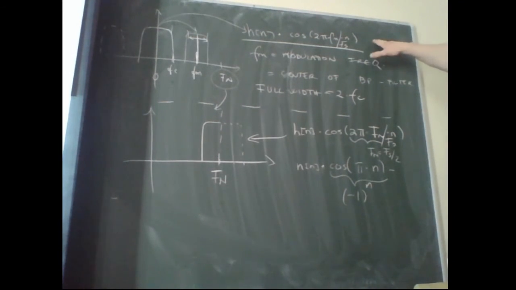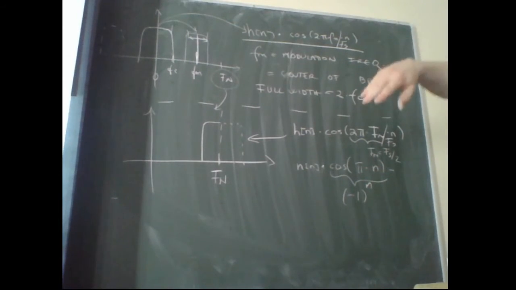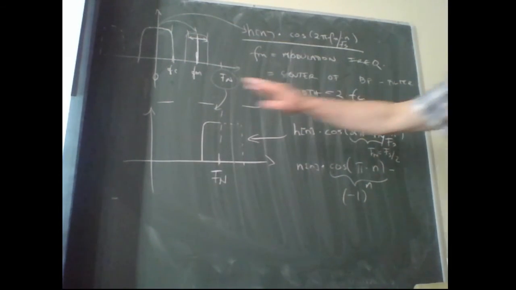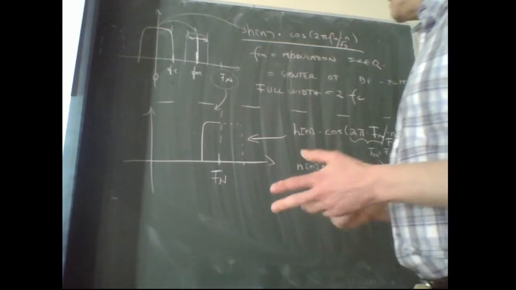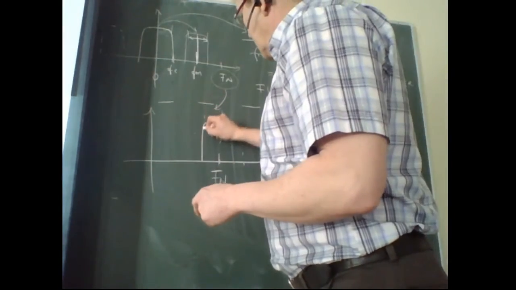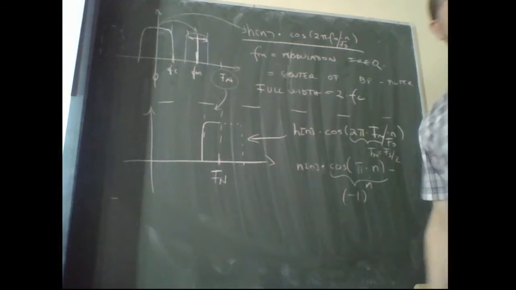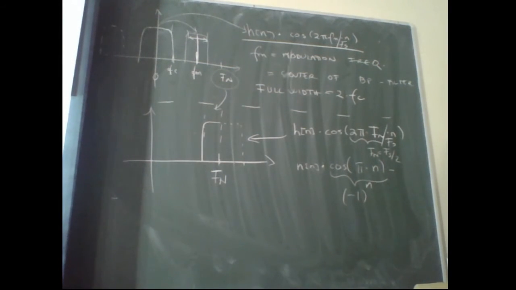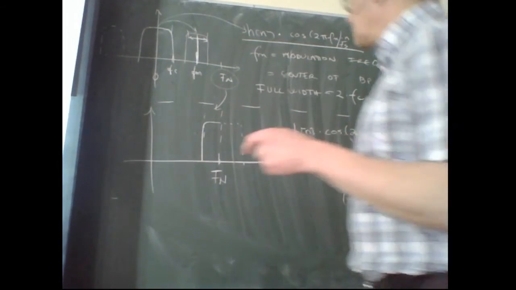So modulation gives you low pass to band pass or low pass to high pass. Another note about this filter, that's one place to make a simple mistake and lose a point.